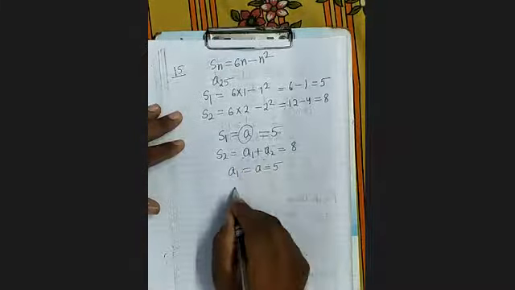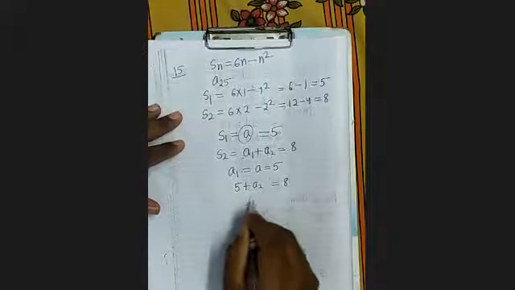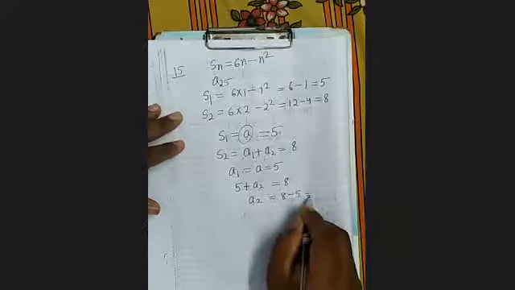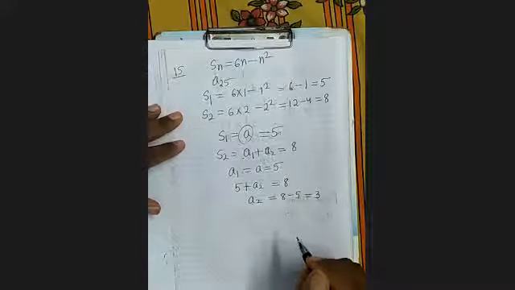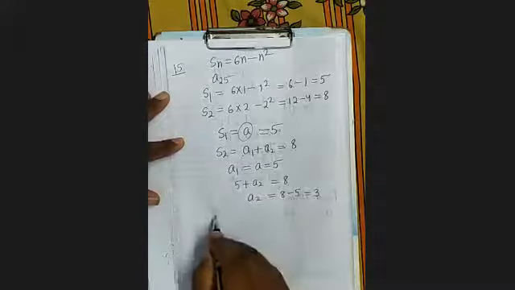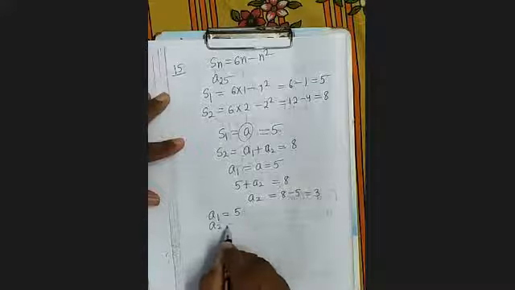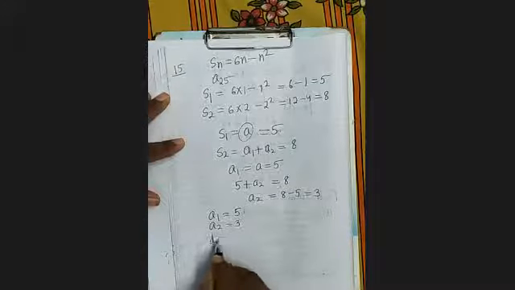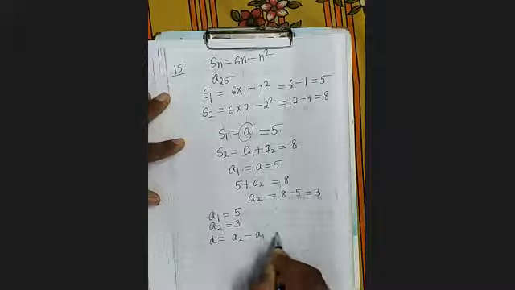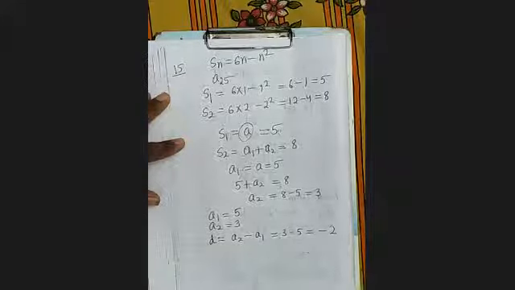So from here 5 plus A2 equals to 8. So what will be A2? 3. So first term is A1 equals to 5, A2 equals to 3. So what would be D? A2 minus A1, that is 3 minus 5, that is minus 2.